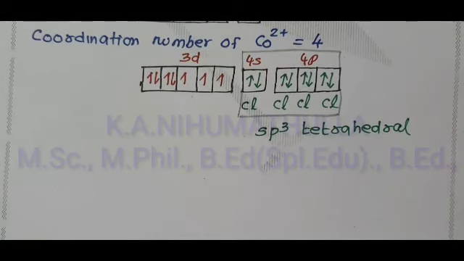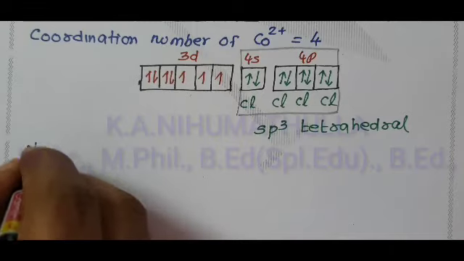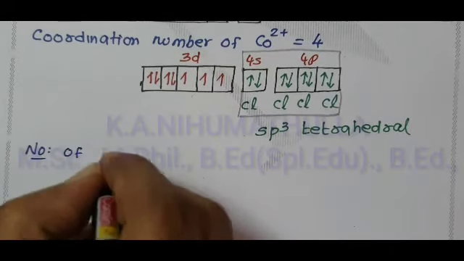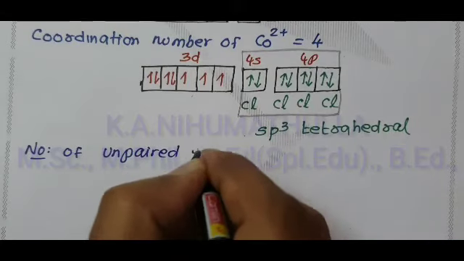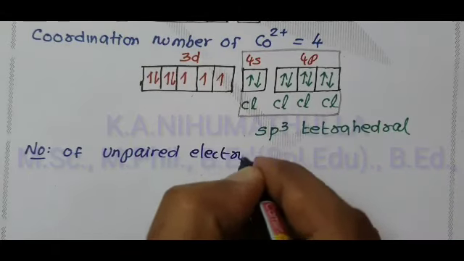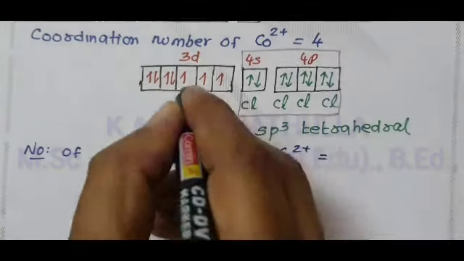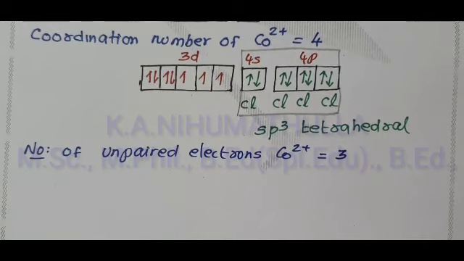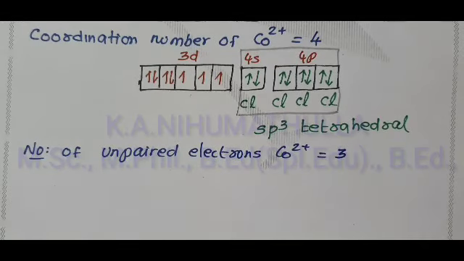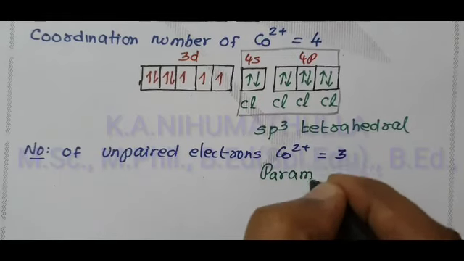Now, the number of unpaired electrons in Co2+ is 1, 2, 3, 3 unpaired electrons. The presence of unpaired electrons indicates that the complex is paramagnetic in nature.